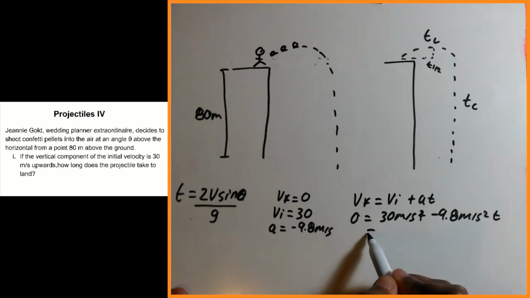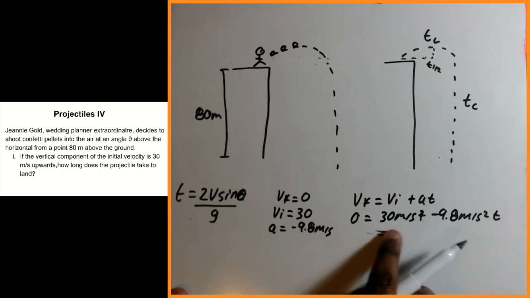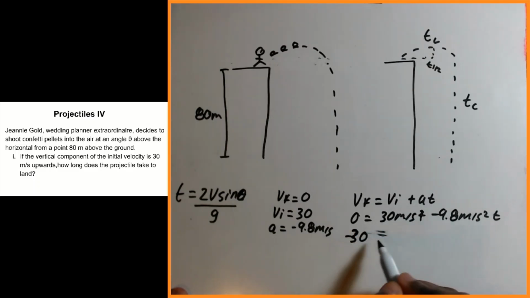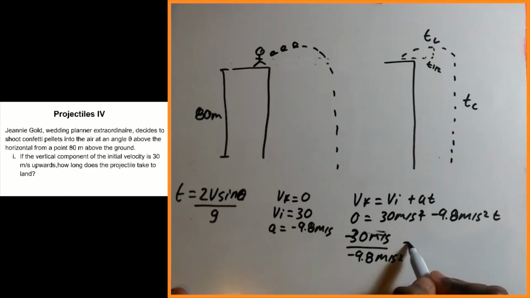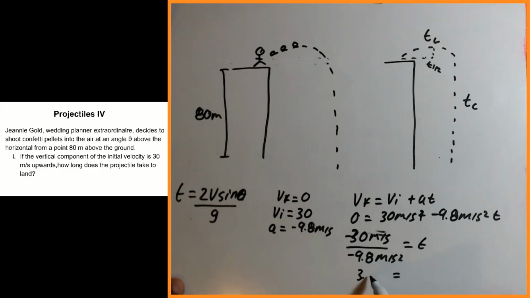If you do this, we get minus 30 meters per second all over negative 9.8 meters per second squared equal to t, and that gives me 3.06 seconds for t. And remember, this is t half. So if we multiply it by 2, we get TL is equal to 6.12 seconds.